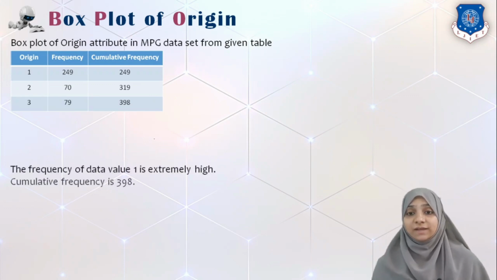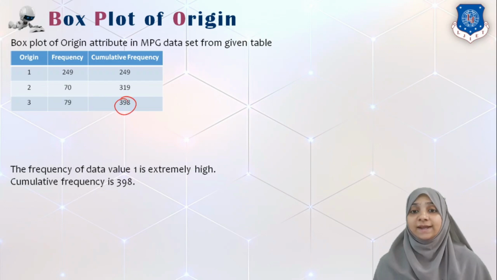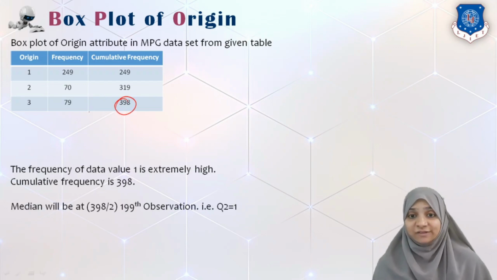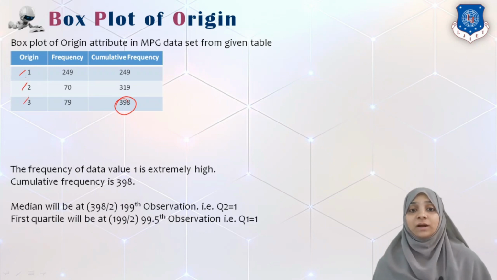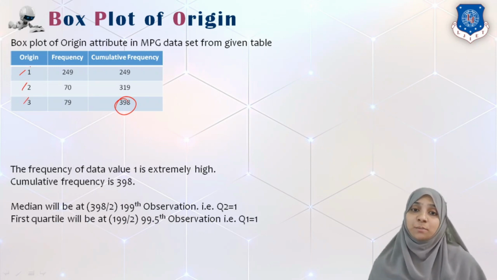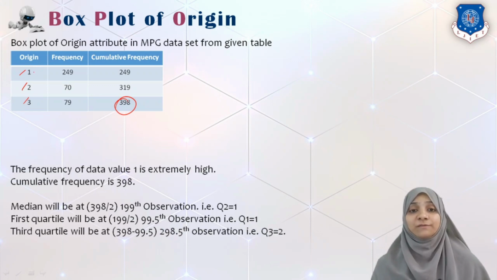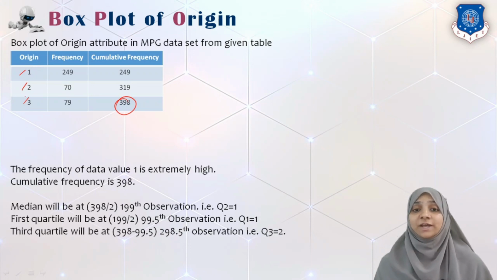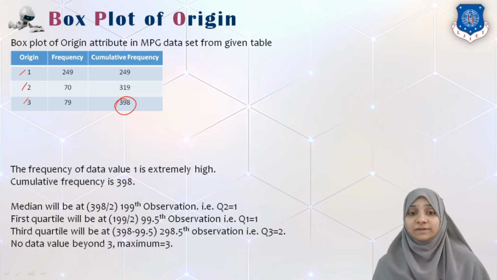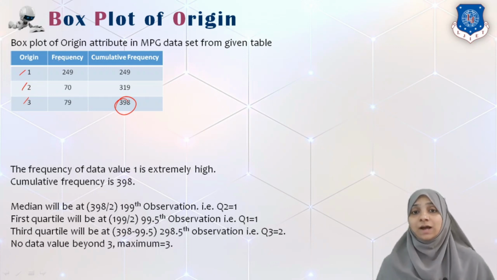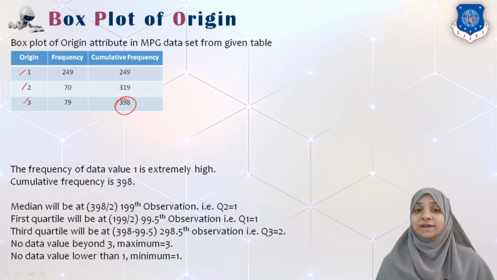So again there are 398 entries in the original data set, and there are only 3 possible values of origin. Either a car can be manufactured in zone 1, that means origin is 1, or in zone 2, that is origin 2, or zone 3, that is origin 3. Now, how many cars are manufactured at origin 1?